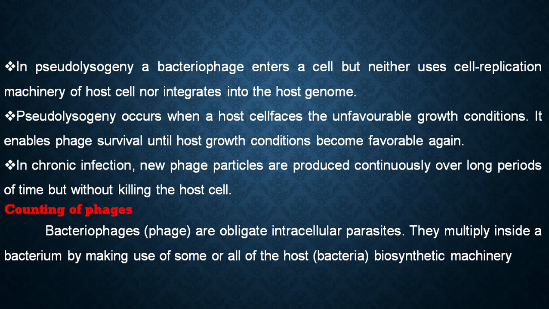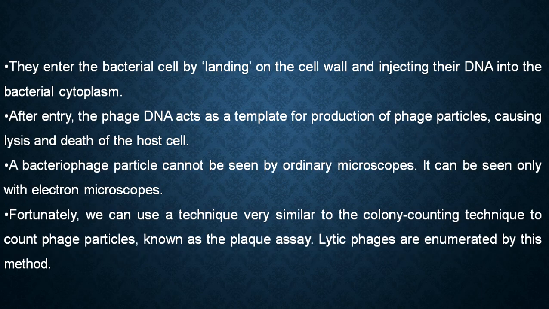Next one, counting of phages. Bacteriophages are obligate intracellular parasites. They multiply inside a bacterium by making use of some or all of the host's biosynthetic machinery. They enter the bacterial cells by landing on the cell wall and injecting the DNA into the bacterial cytoplasm.